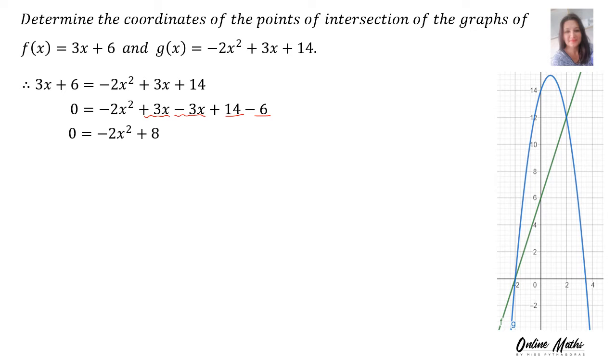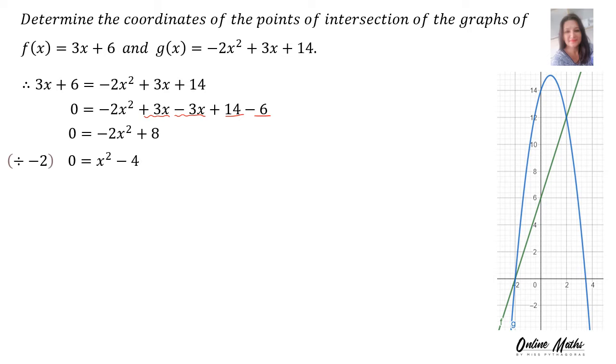2x squared. Now I want to factorize, but I cannot factorize if a's value, the coefficient of x squared, is negative. Therefore, I will first divide right through by a negative, and in this case I can also divide right through by negative 2.